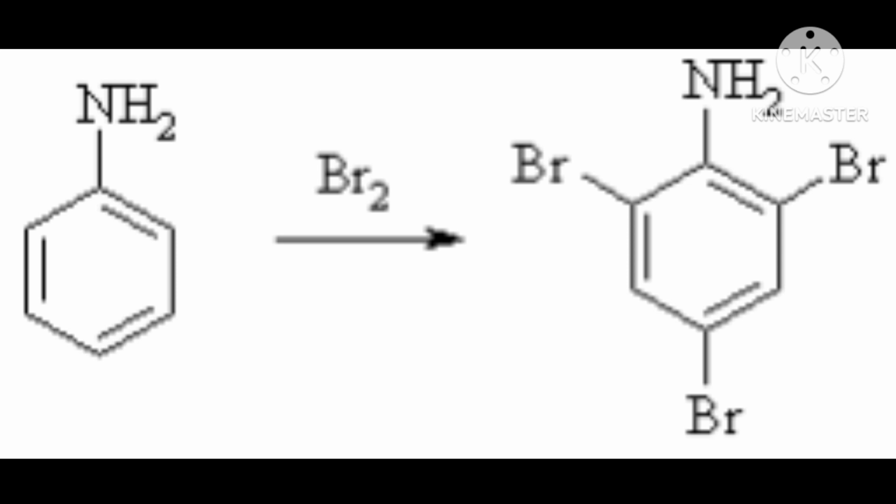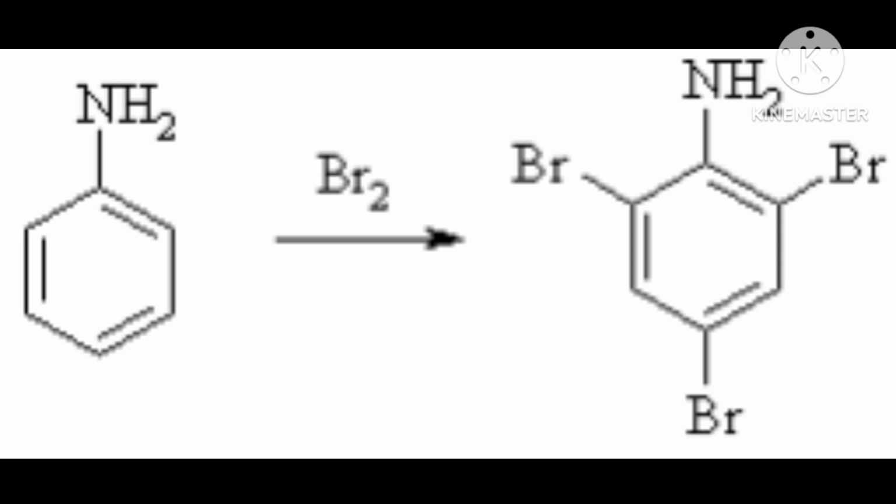If you take 3 bromine molecules, then you get 3 Br minus, which will join at the 2, 4, 6 positions. 3 H plus will join the 3 Br minus to form 3 HBr. And the product you will get is 2,4,6-tribromoaniline. Okay, the product is very important.